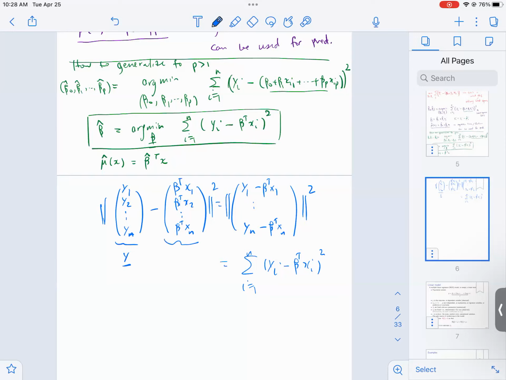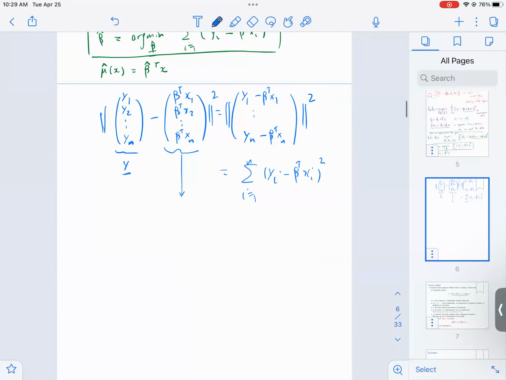Now I want to write this in a bit more compact form. So how do we write it in a compact form? I have to help you a little bit because there are different ways of doing it. I'm going to rewrite this as x1 transpose beta, x2 transpose beta, up to xn transpose beta. So why can I do this?